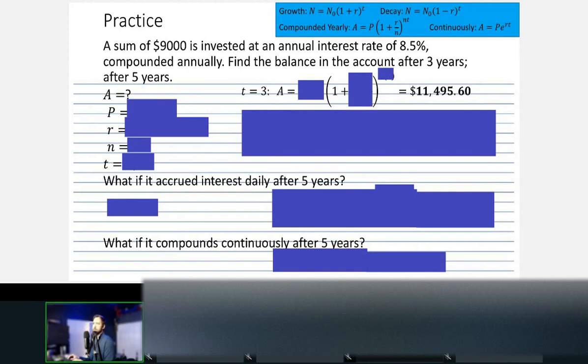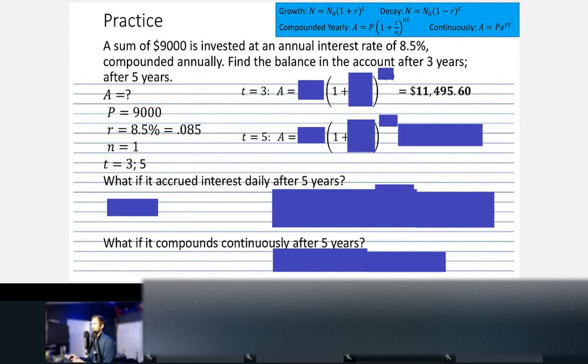All right, so we're solving for A, of course, and then let's put everything in there. And hopefully nobody entered this over 1 in your calculator.